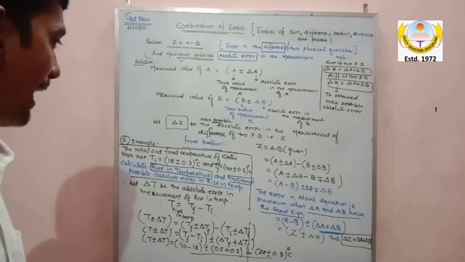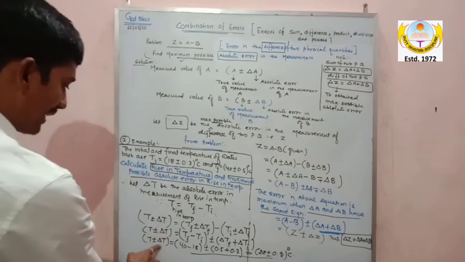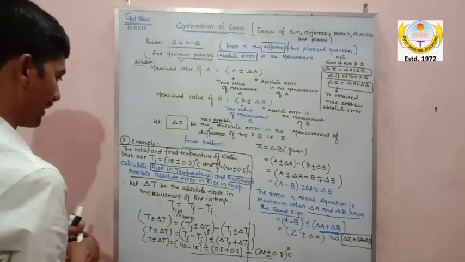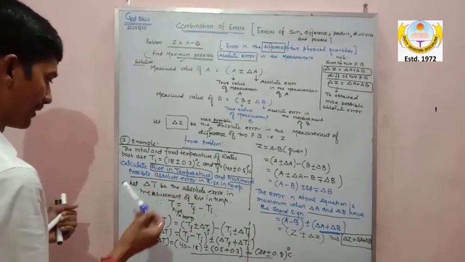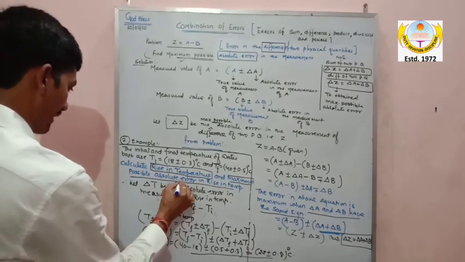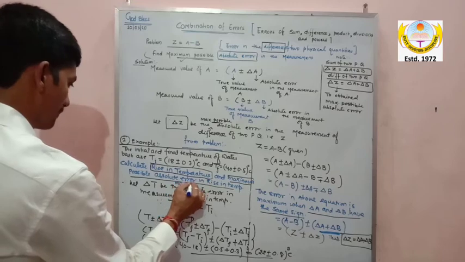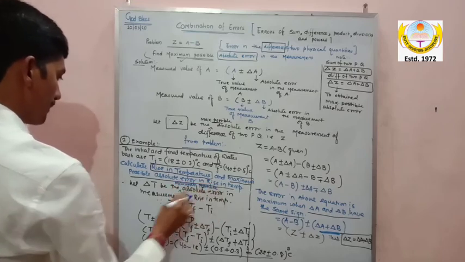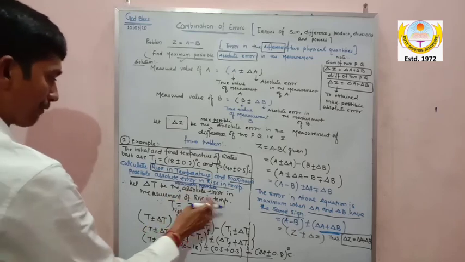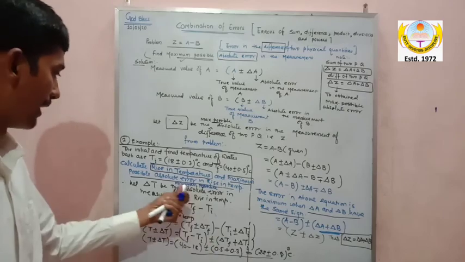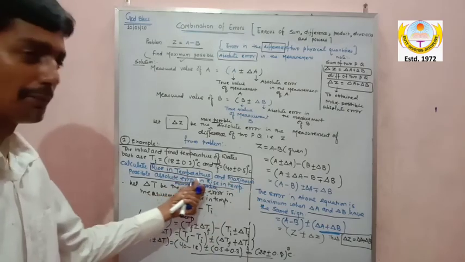So at the last I can write, delta T is the absolute error in measurement of rise in temperature, and I can write that as the maximum possible absolute error in measurement of rise in temperature. At the end they ask what is the maximum possible absolute error.